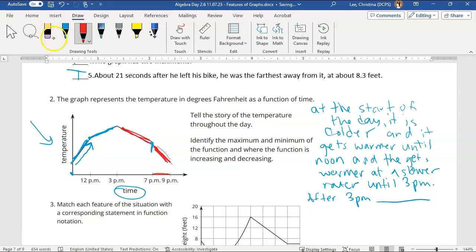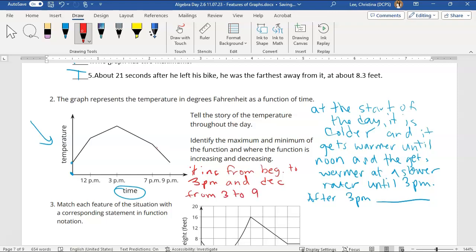All right, so identifying the maximum and minimum of the function, and I keep hitting erase, and there we go. And where the function is increasing and decreasing. So it increases from the beginning to 3 p.m. and decreases from 3 to 9.